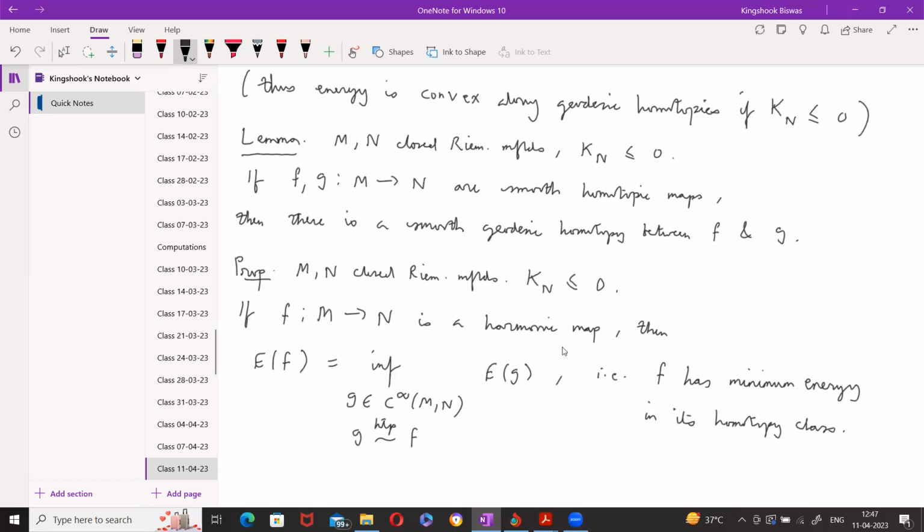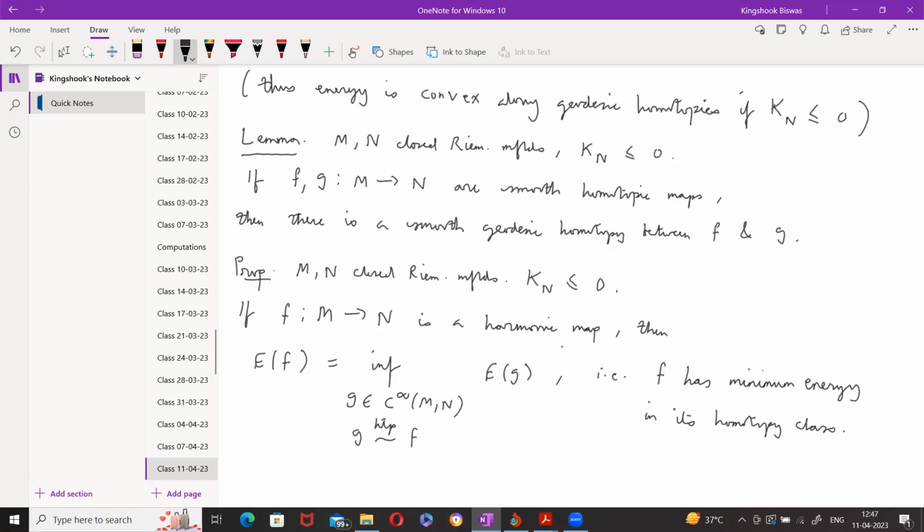And now we're seeing that if I take closed Riemannian manifolds where the target has non-positive sectional curvature, the key point here, then any harmonic map has minimum energy in its homotopy class.